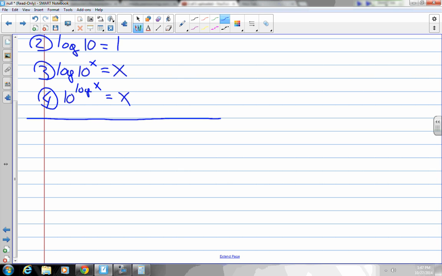Now, another button is the natural log. So that's the log base e of x. We don't like writing that. That's ln of x. Natural log.